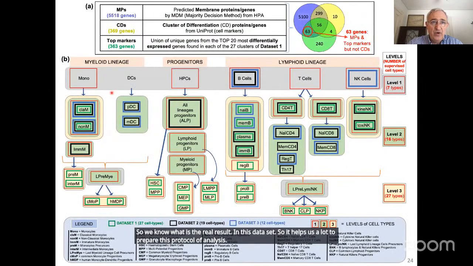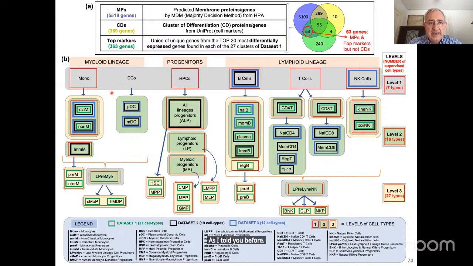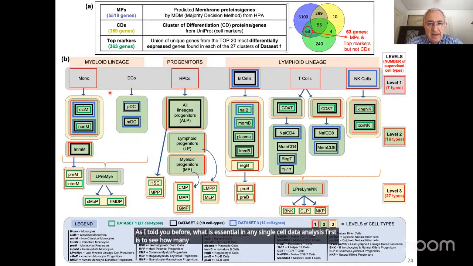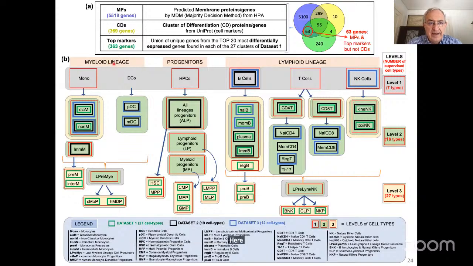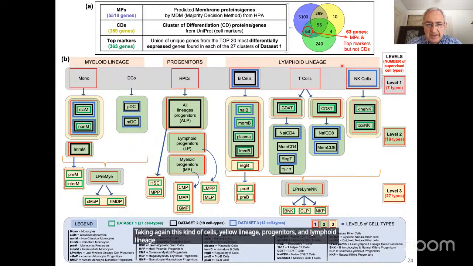As I told you before, what is essential in any single cell data analysis first is to see how many cell types I am going to analyze, what is going to be my granularity, my level of separation of different cell types. And as you can see here in this plot that we prepared, taking again this kind of cells, myeloid lineage, progenitors, and lymphoid lineage, that is more complex than before.